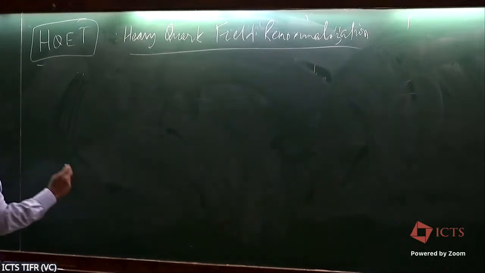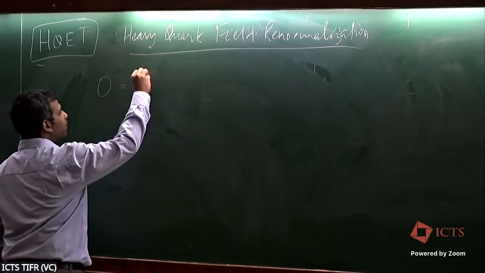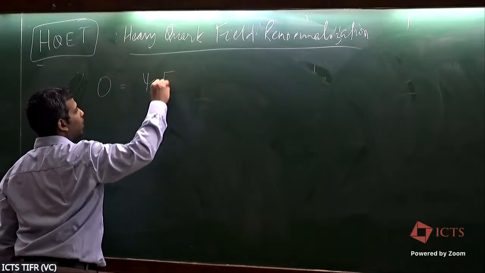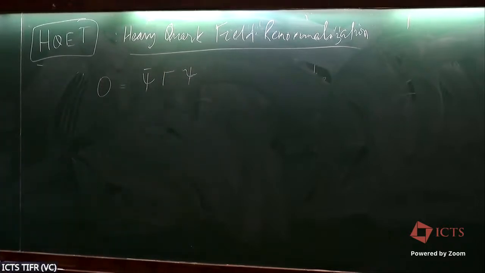On Thursday's lecture, as Professor Rishi will tell, we will do some composite operator calculation, which is the heavy light current. It's a composite operator made of the heavy field and the light field. So if you have a composite operator made of psi bar, gamma, psi, I'm not worried about what gamma is right now. It's just a composite field for me.